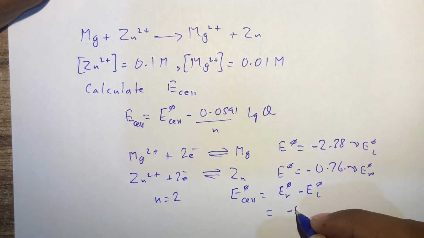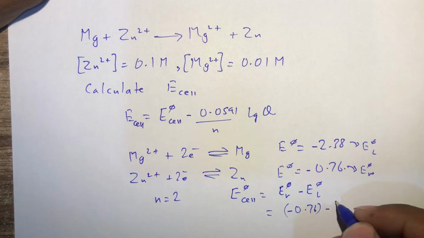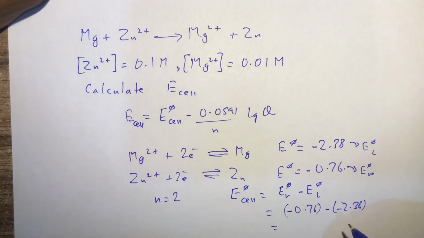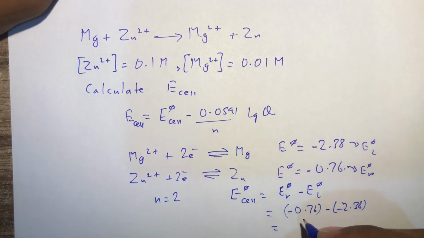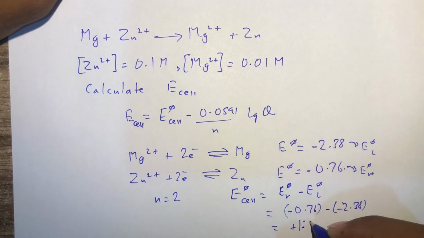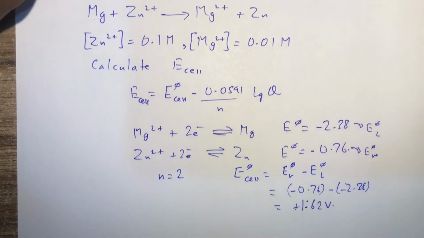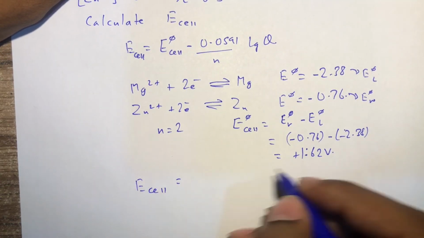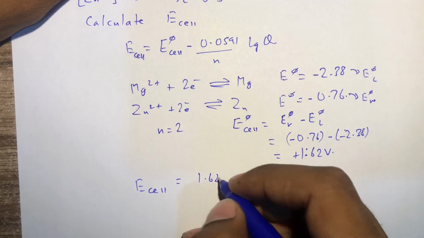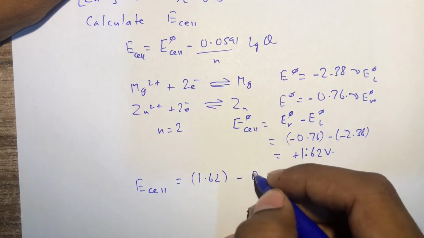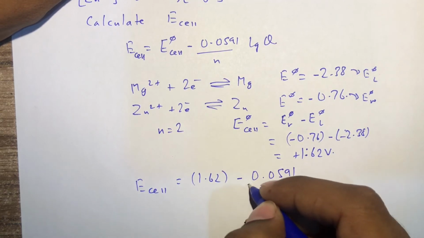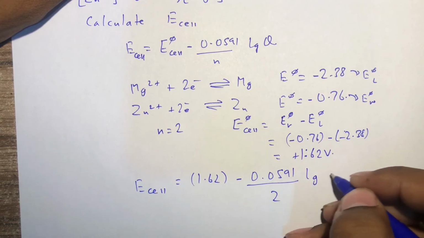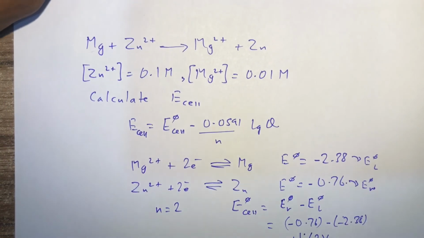So minus 0.76 minus minus 2.38. It's E naught right minus E naught left. This is coming as plus 1.62 volts. Okay. So E cell is equal to 1.62 minus 0.0591 upon n as 2 log products upon reactants.